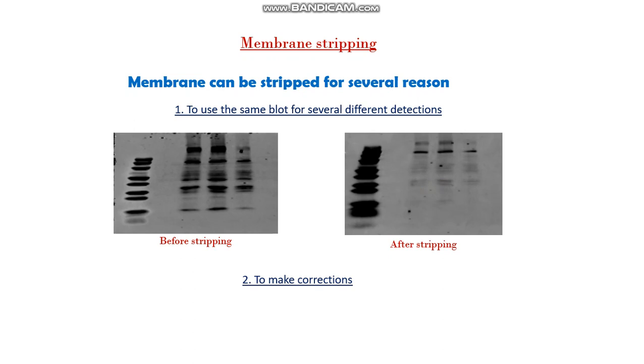If you make any mistake, for example if you incubate the wrong antibody, then you need to wipe off the bands, and then you can reuse the same membrane. As you see in this figure, before stripping it was like this, but after stripping all of the bands are wiped off. This is how membrane stripping works.